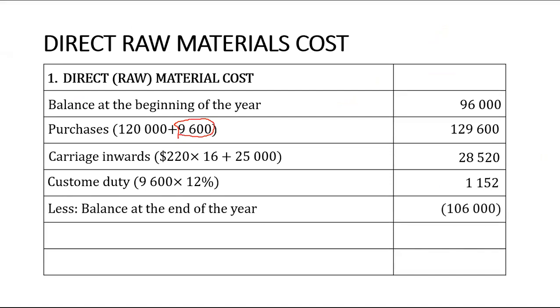That means 106 of raw materials did not go to production. So what went to production will be the opening plus purchases plus carriage plus customs, and then you minus your balance at the end of the year.